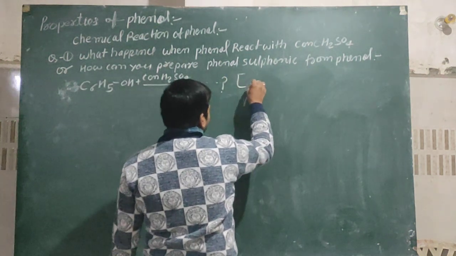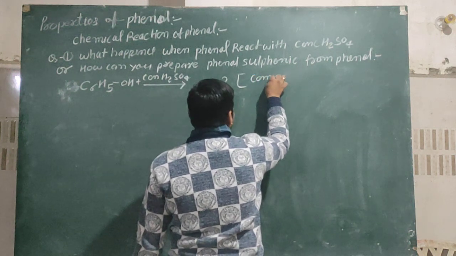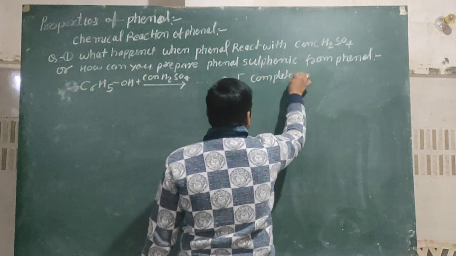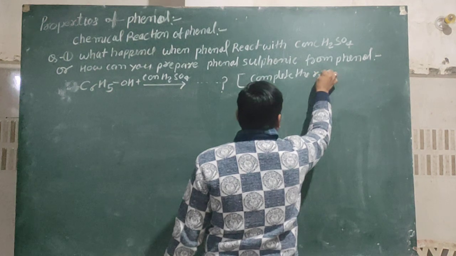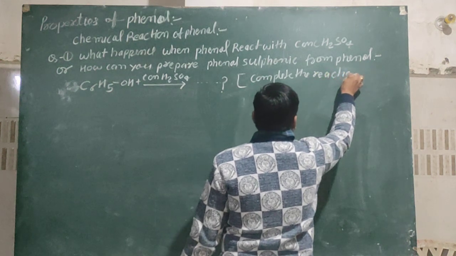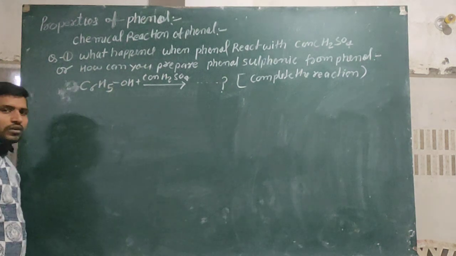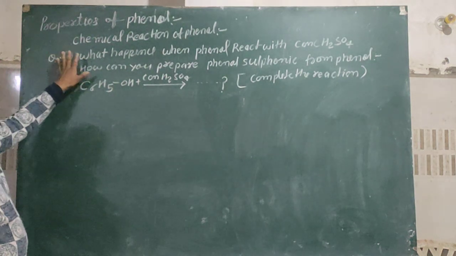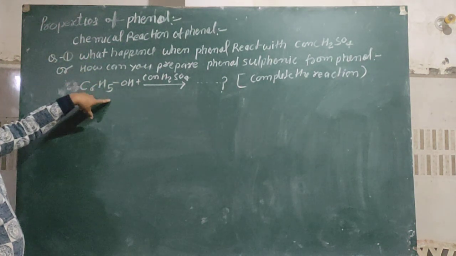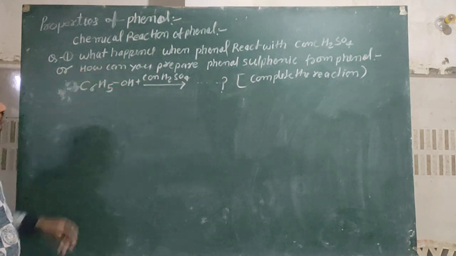And in examination they ask to complete the reaction. There are three types of reaction possible in case of this. One question also arises, what is the sulfonation of phenol?